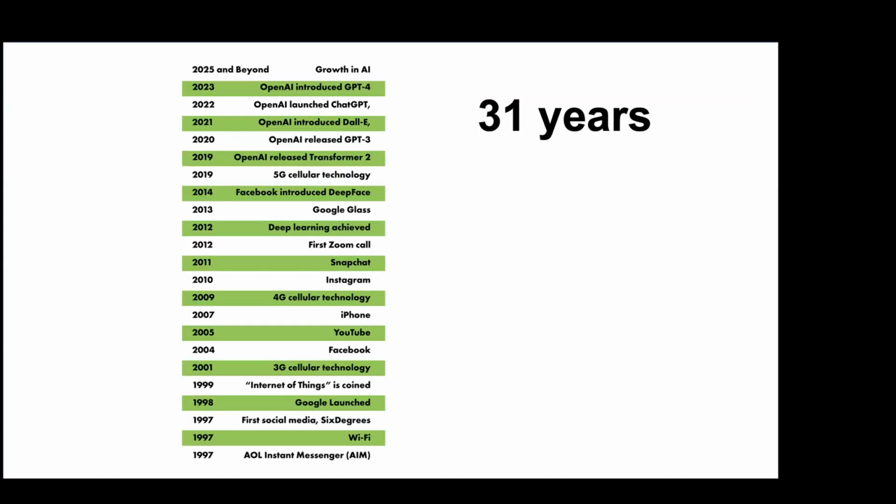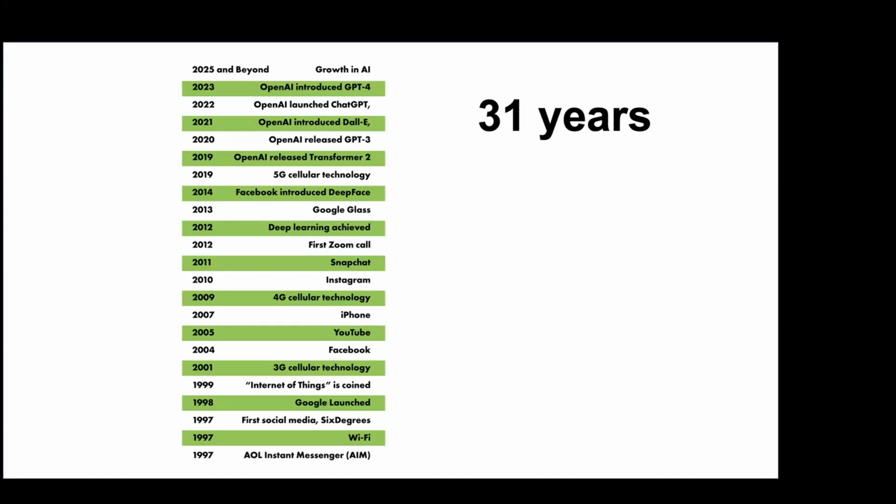In the turn of the century, sorry, the millennium, new technology exploded. There was 3G cell technology, there was Facebook, and there was YouTube. Steve Jobs' invention of the iPhone in 2007 put a computer, a camera, a video recorder, and all the music and knowledge in the world in our hands, and we haven't looked up since.